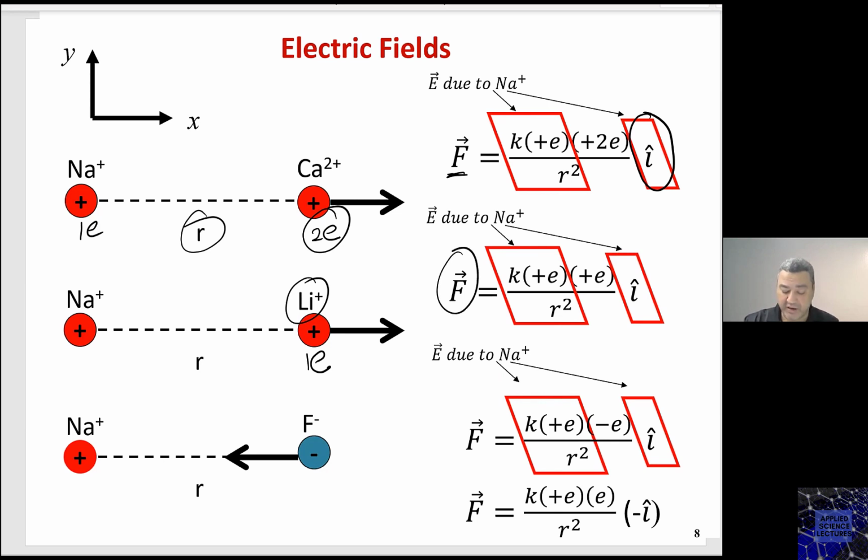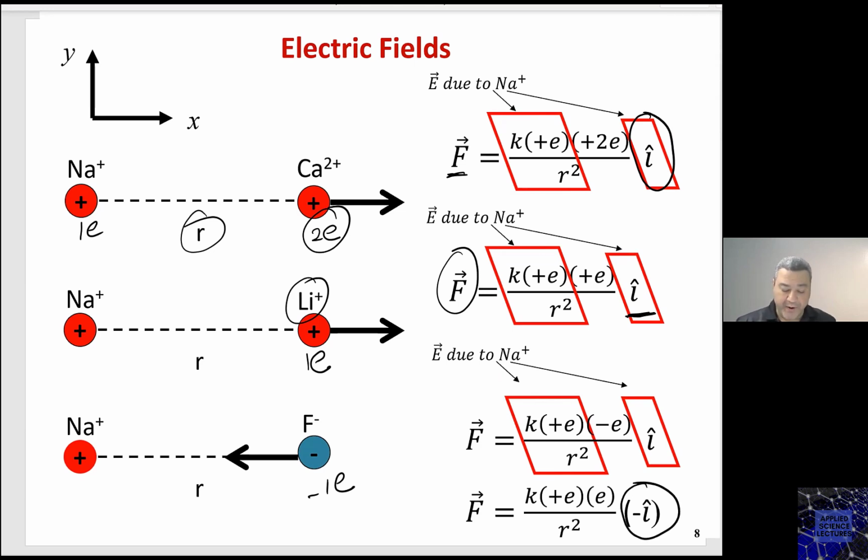Again, Ke over r squared, and it's pointing in the positive direction of x. That's why it is i hat. However, if I put a fluorine here with a minus 1e, then the force would be attractive and would be pointing in the negative direction of x.